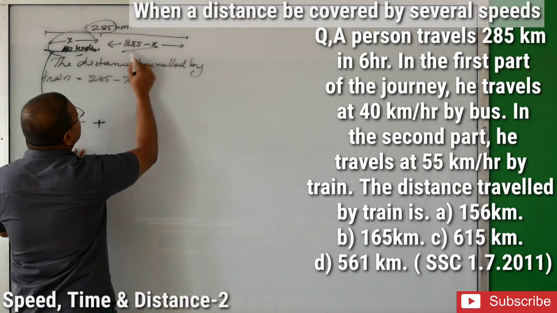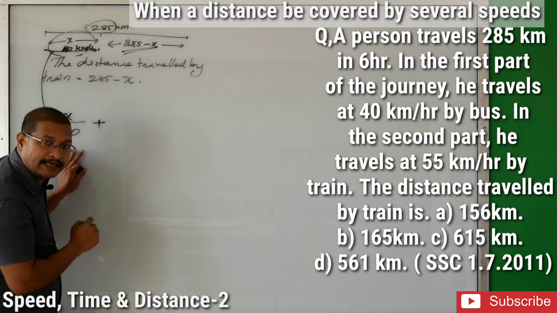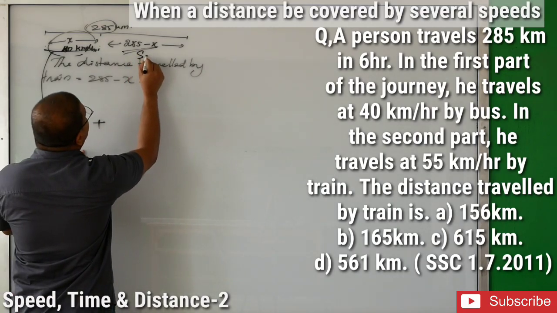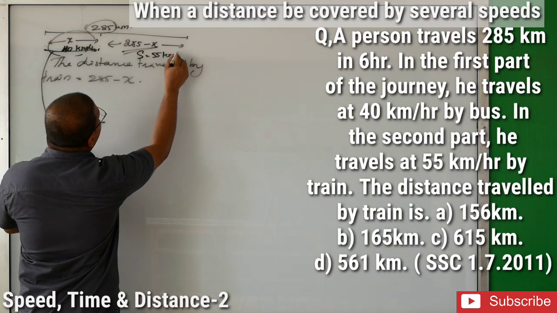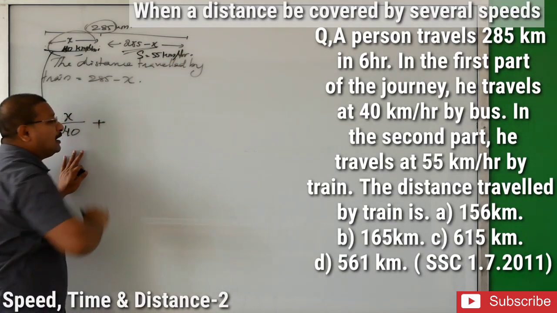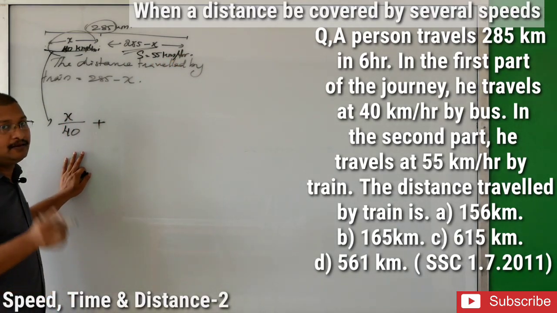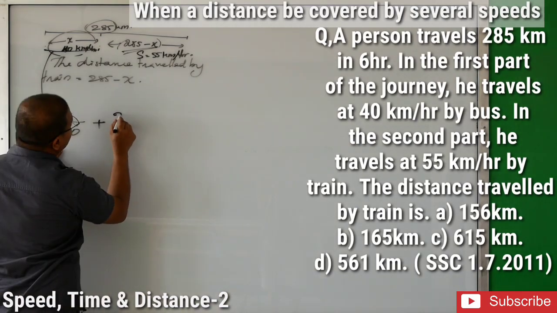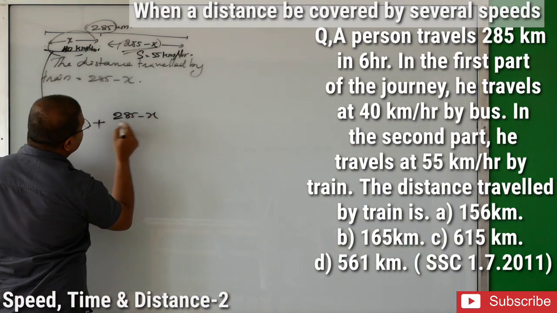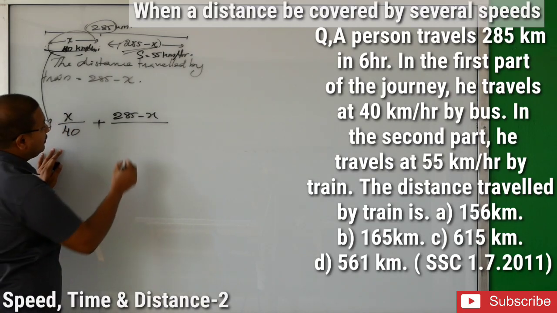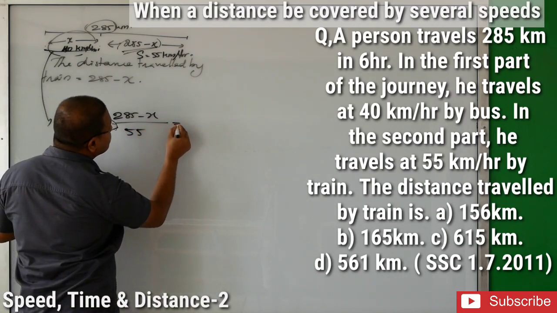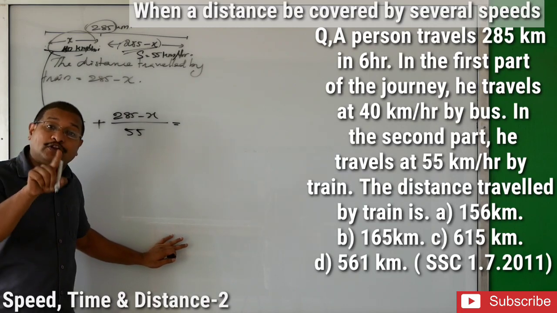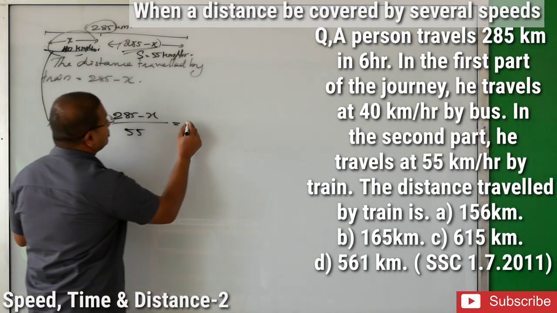Second part, here the speed of the train, how much is that? 55. So speed is 55 kilometer per hour. That means the second part, the distance taken by train is 285 minus x, divided by the speed 55, equals the total time taken for the journey, 6 hours.